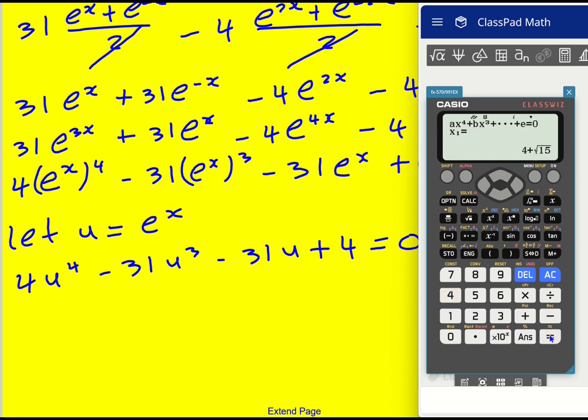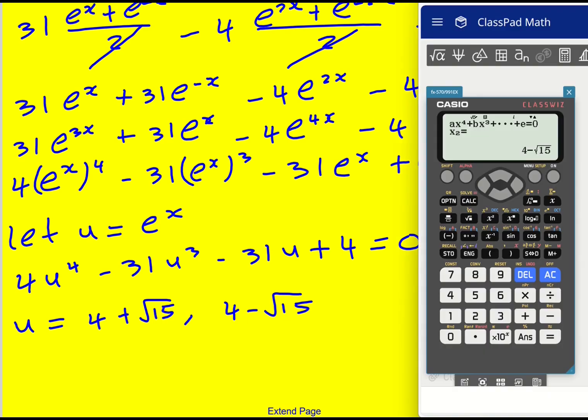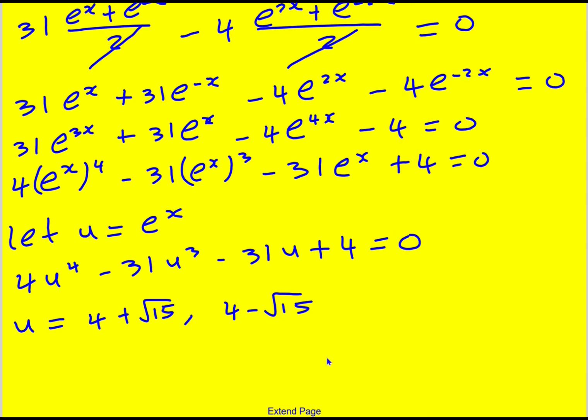And we get 4 plus root 15. We get 4 minus root 15. That's our u. Remember, there's 4 roots, but the other 2 are complex.